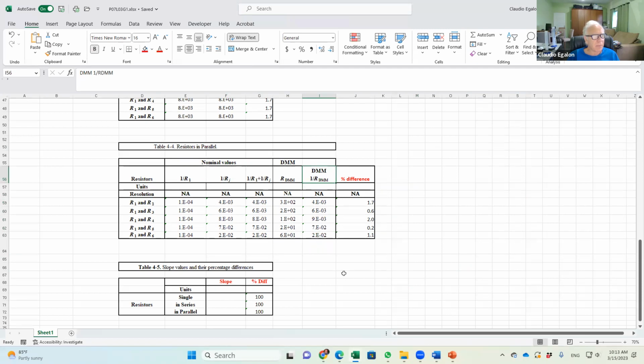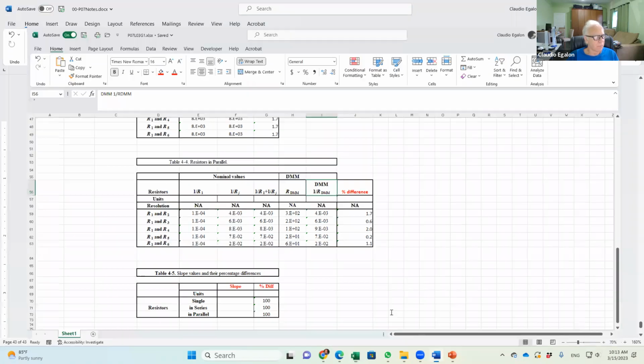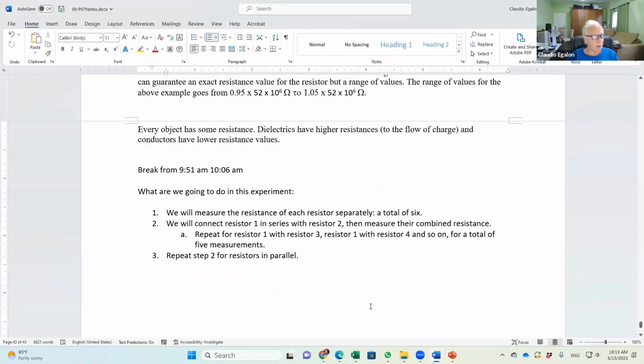There's a reason for that. Repeat step 2 for resistors in parallel.